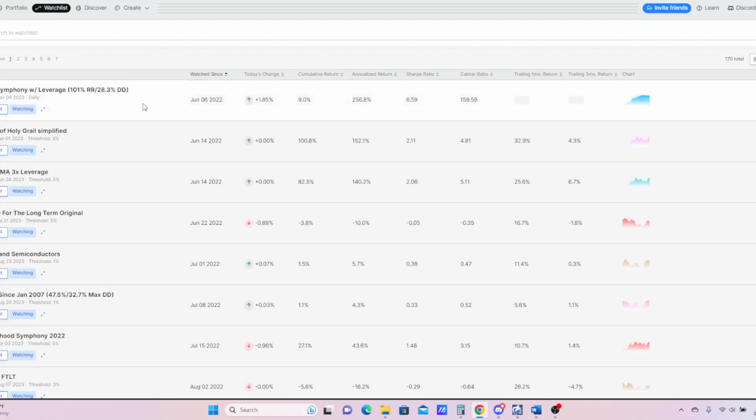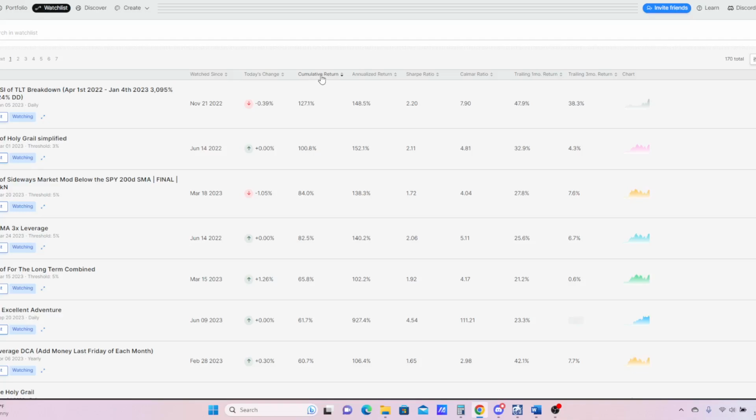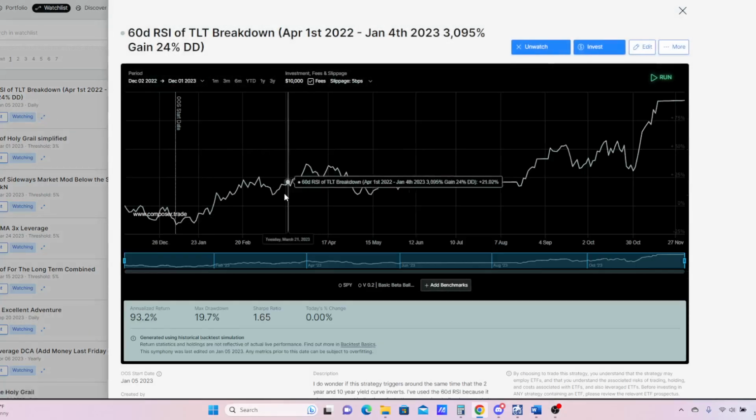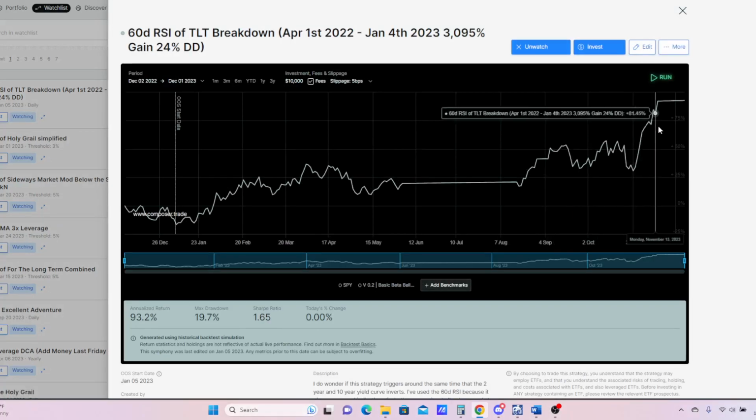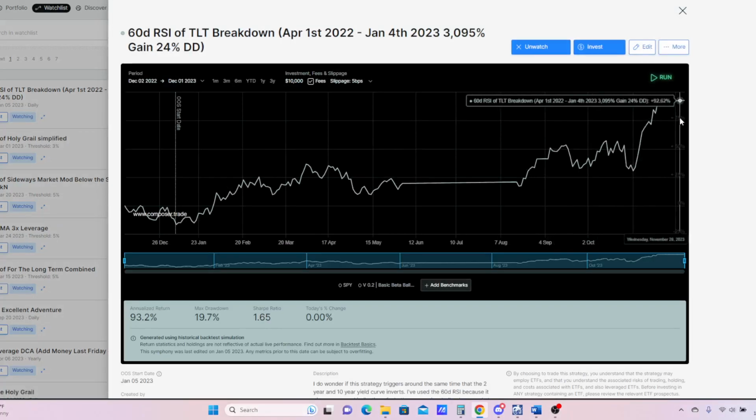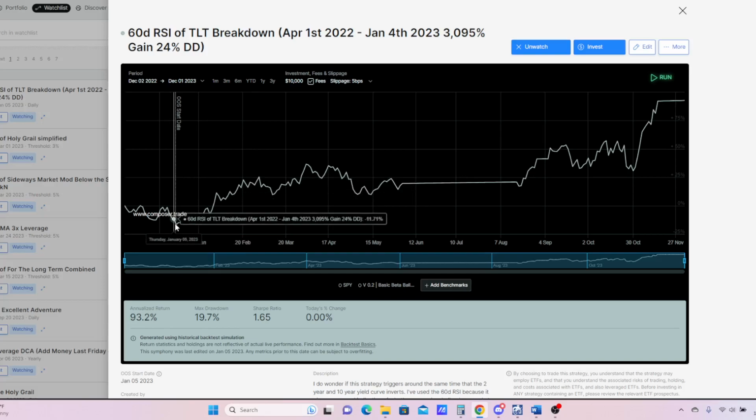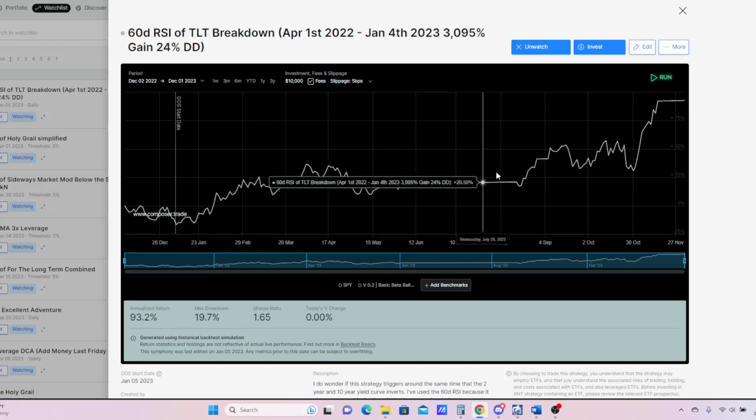If I go to my oldest ones and look at my cumulative returns, like this one, I've been tracking this one since 2022, and it's up 127%. And this one was more based on a theory that I had, but it's up 92% since out of sample, which is around January.